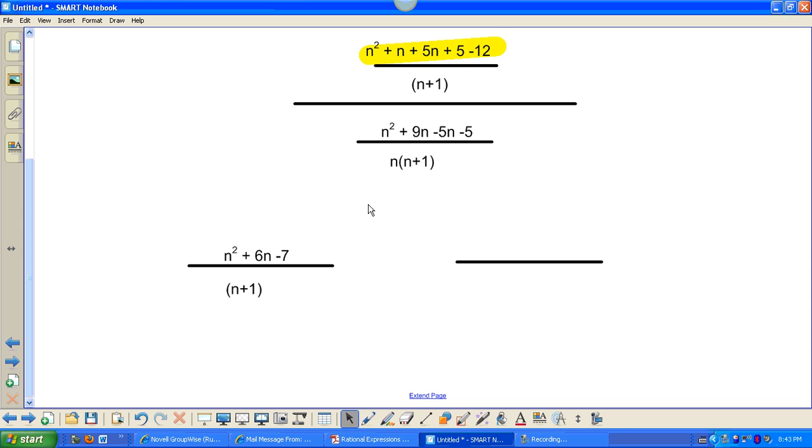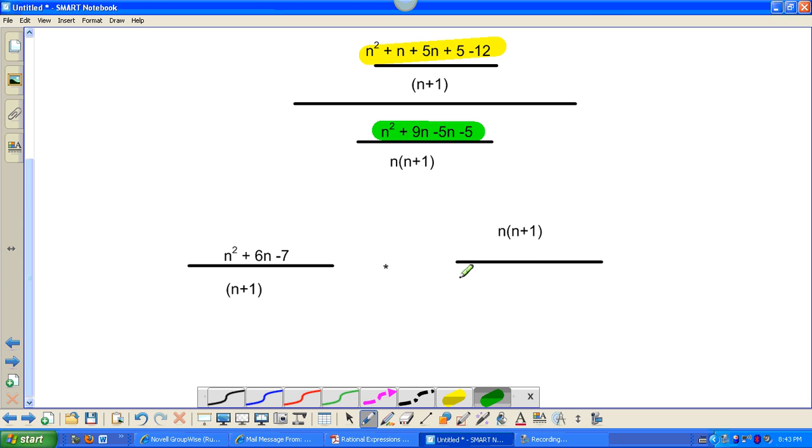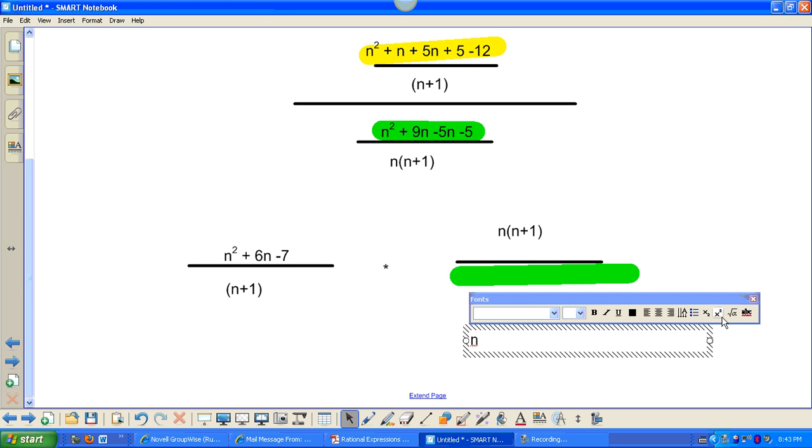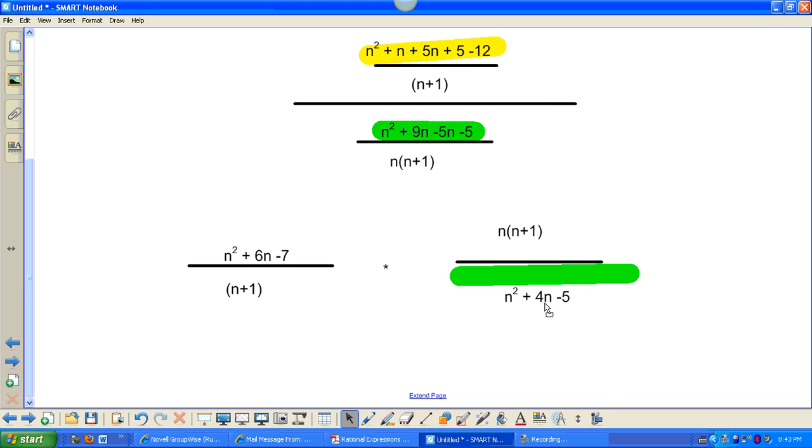Okay, now I'm going to flip. So I'm going to move this guy, and he's going to become the numerator. Remember, when you divide, it becomes a times. And then I'm going to simplify n squared plus 9n minus 5, and it becomes the denominator down here. So it simplifies into n squared plus 4n minus 5.